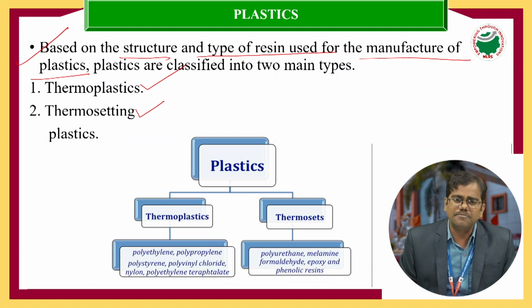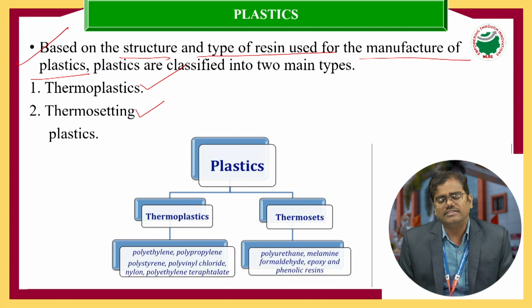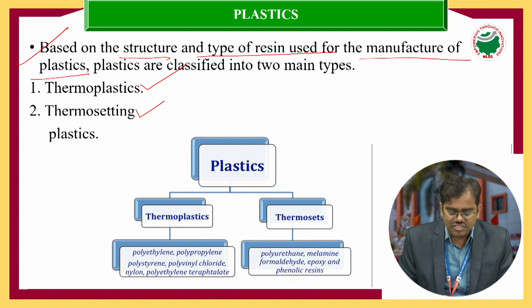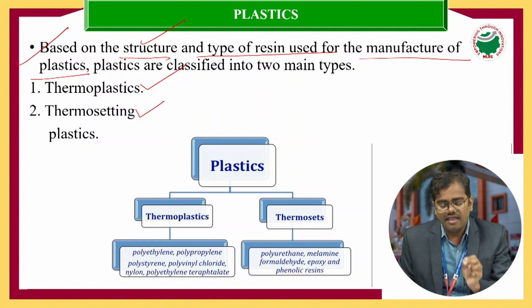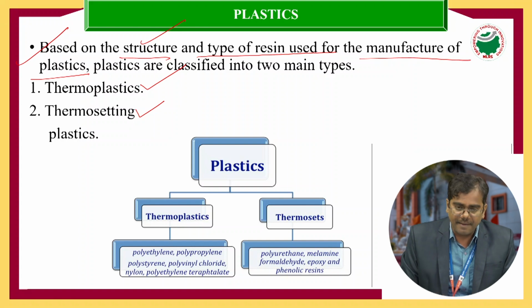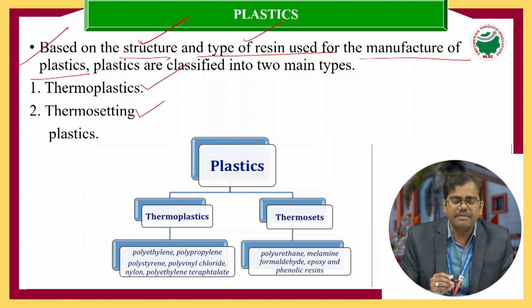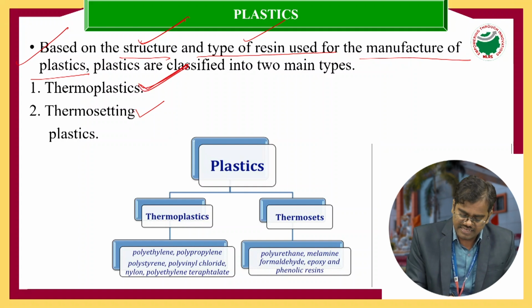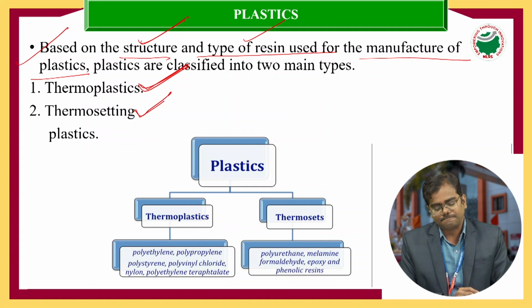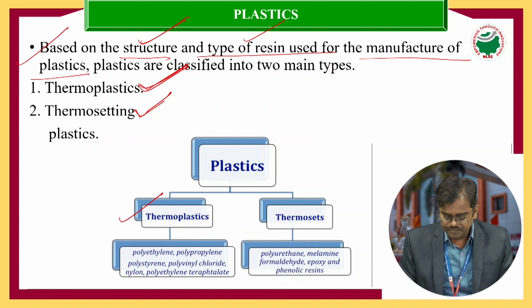These two types are classified based on the structure as well as the type of resin materials used in the plastic industries. So, thermoplastic and thermosetting.